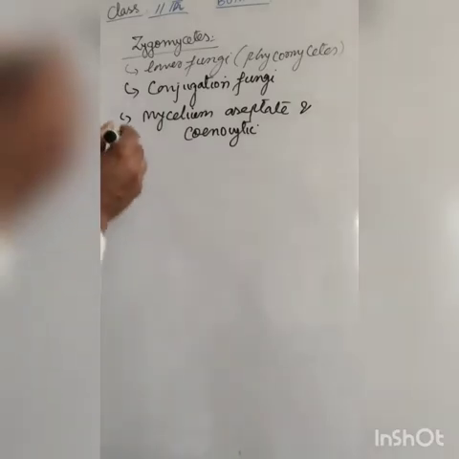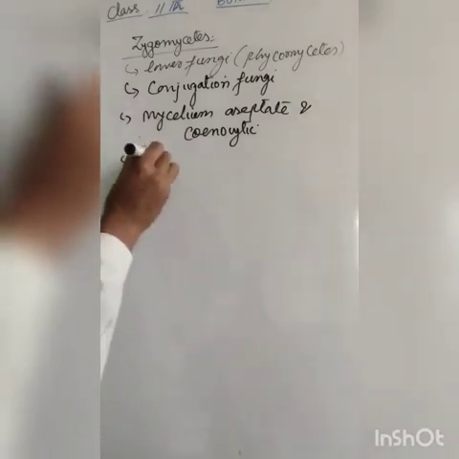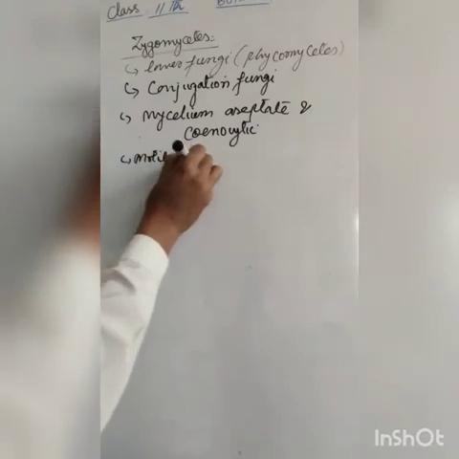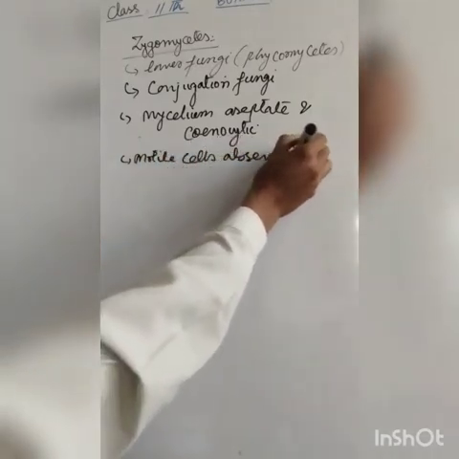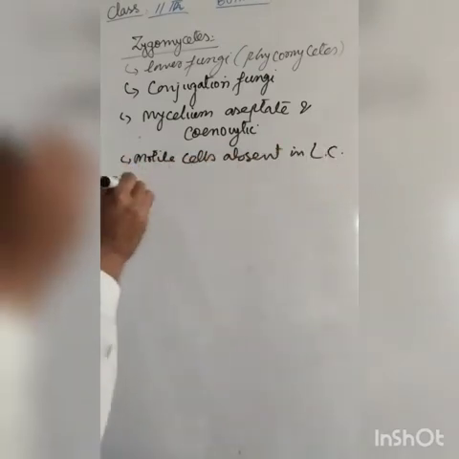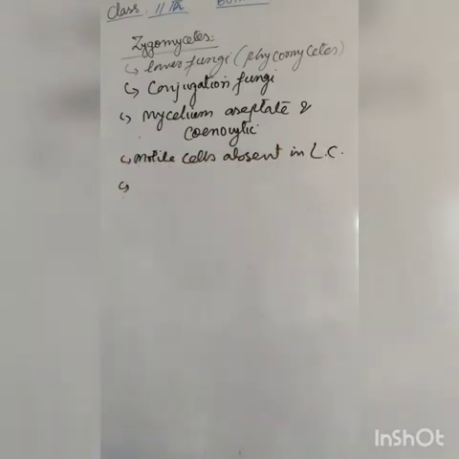Motile cells are absent in the life cycle. Motile cells are present only in some Phycomycetes, not in these.